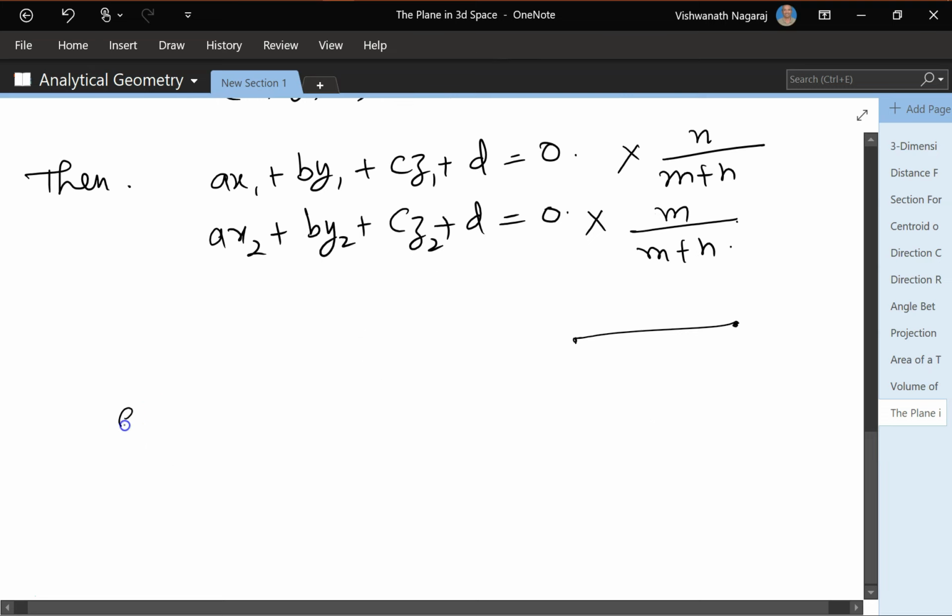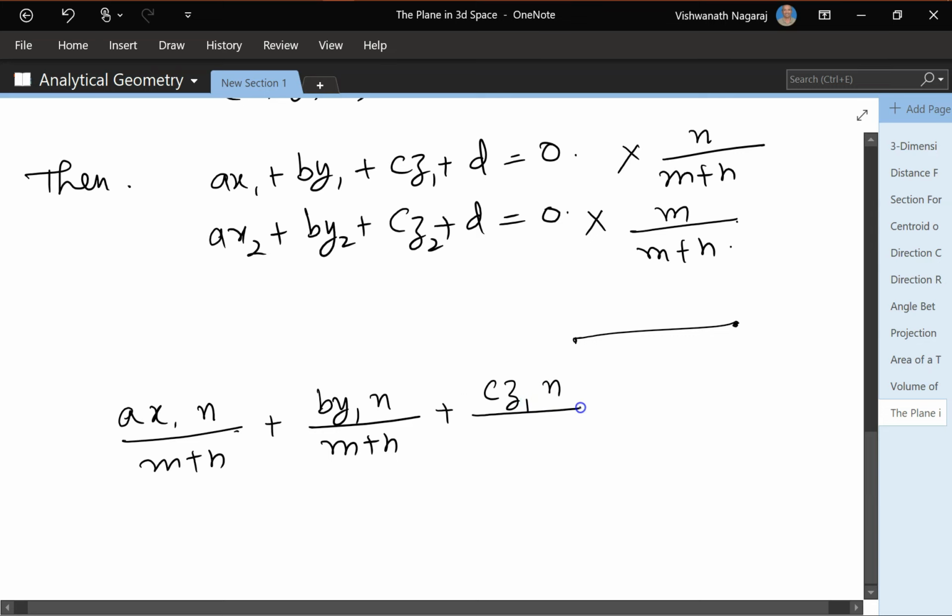So let's multiply it. a x1 n by m plus n plus b y1 n by m plus n plus c z1 n by m plus n plus d n by m plus n is equal to 0.